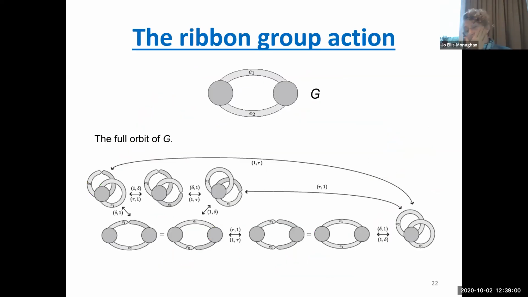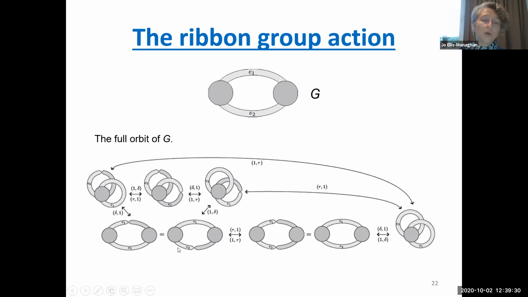Okay, so here's an example of all of this: the full orbit of the graph on two edges. So there's the graph. Okay, here it is down here. If you twist both of the edges, it's the same thing as this. These guys are the same graph.